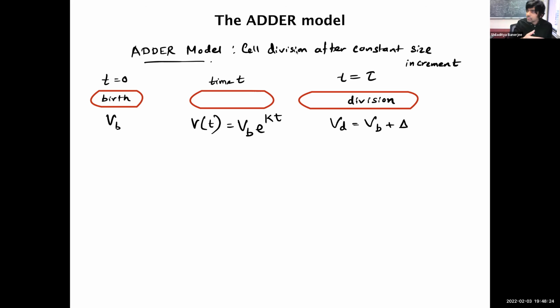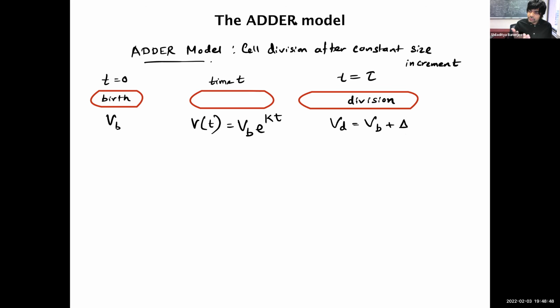So you're not multiplying by a constant as in the timer model, but you add a fixed amount. The cell is born with size V, it grows exponentially, and it divides when a fixed amount of size delta is added. So you increment by a constant size. This is what's called an adder model. Literally you're adding a fixed amount.